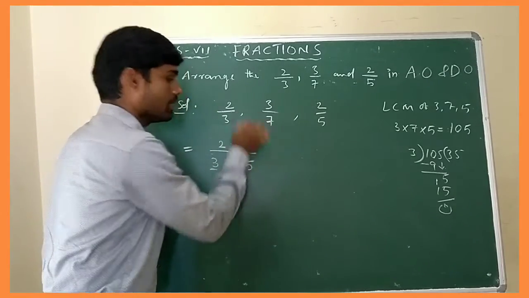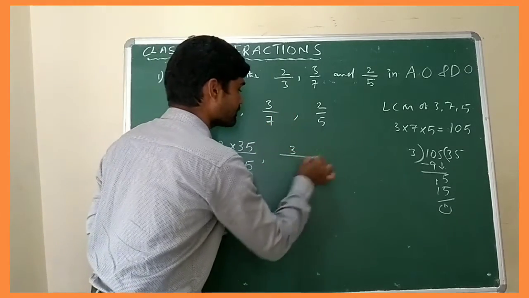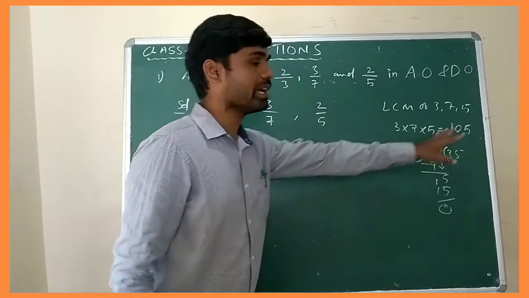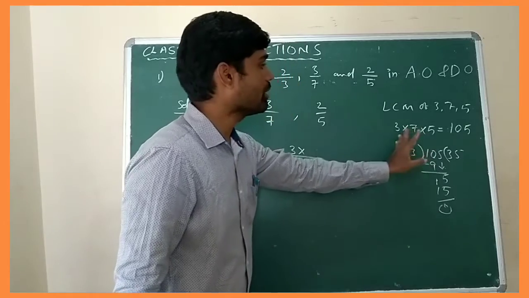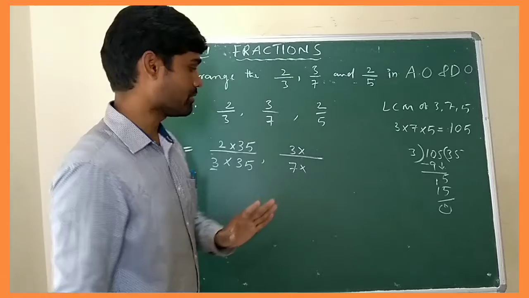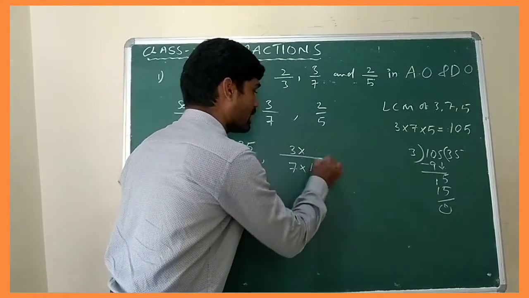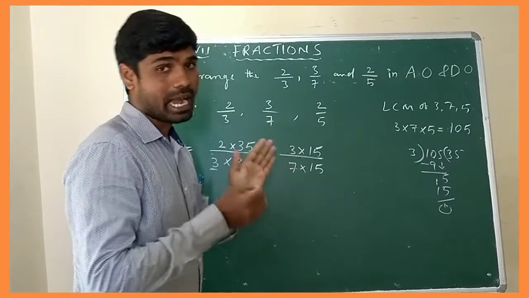Next, 3 by 7. 7 into what gives 105? You can do the division, or directly 3 fives are 15, and 15 sevens are 105. If you know the 15 table, it is very easy: 7 fifteens are 105. The same number should be multiplied with numerator and denominator.